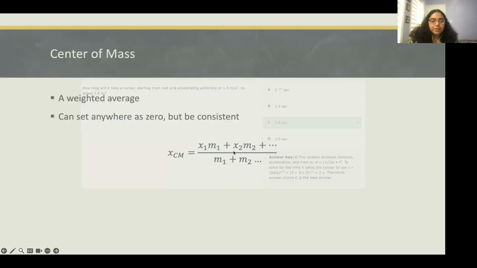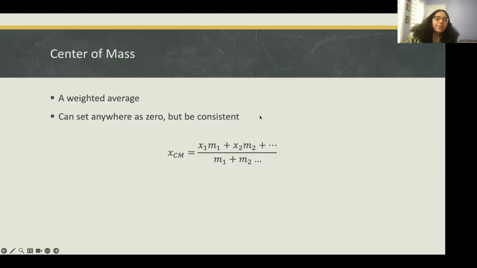Center of mass, another important concept, is basically just a weighted average. So you can see the distance of your center of mass is if you take the distance of every object multiplied by its mass and you divide it by the sum of all the masses. This also works for the velocity of the center of mass, just replace all the x's with v's.